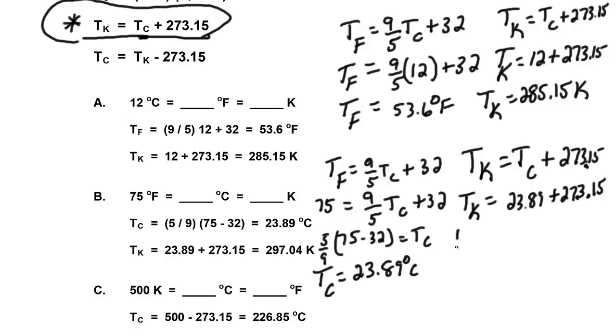And so that gives us the temperature in Kelvin. 23.89 plus 273.15 gives us 297.04, and the units are Kelvin.